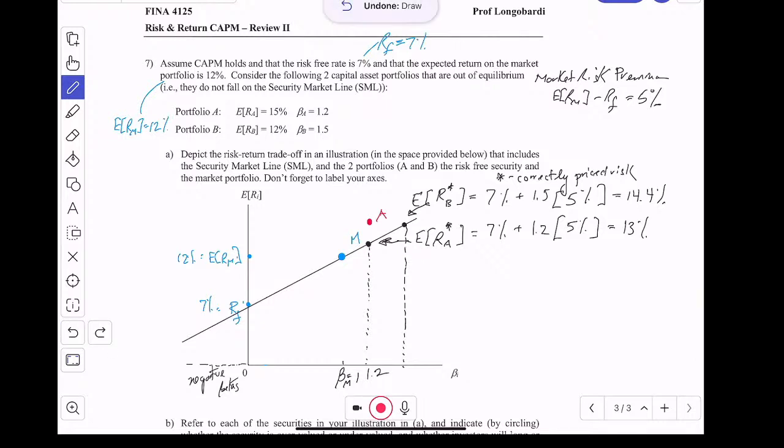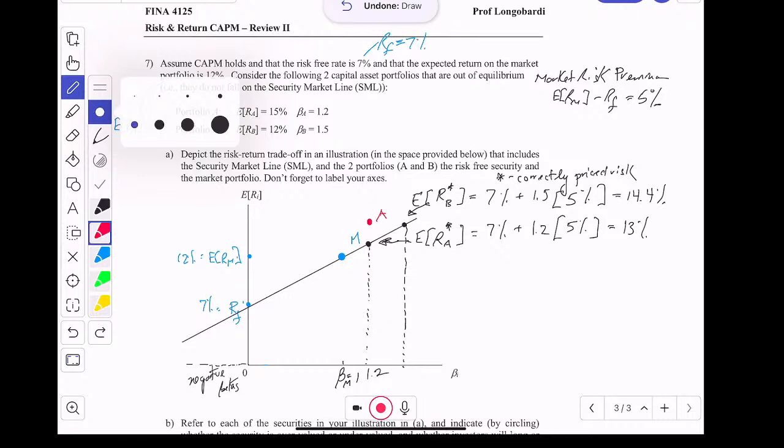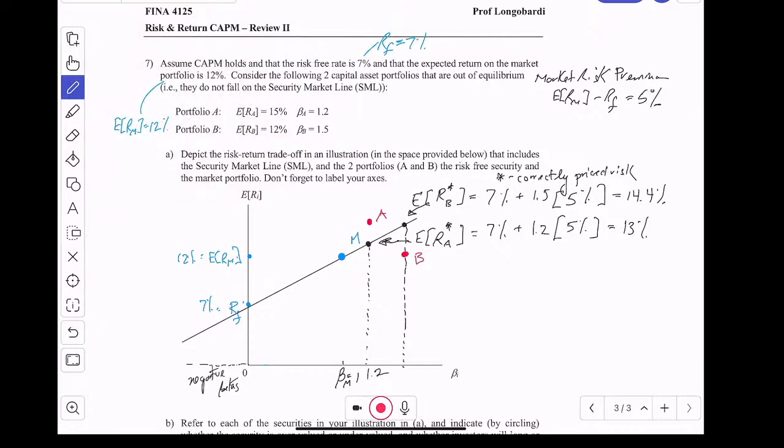Move it down just a tad. Okay, so this is the red. It's like a warning. This is not where it's supposed to be.